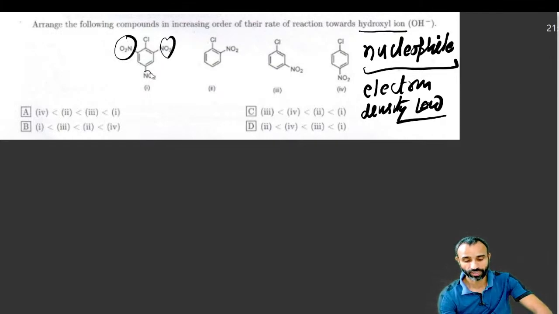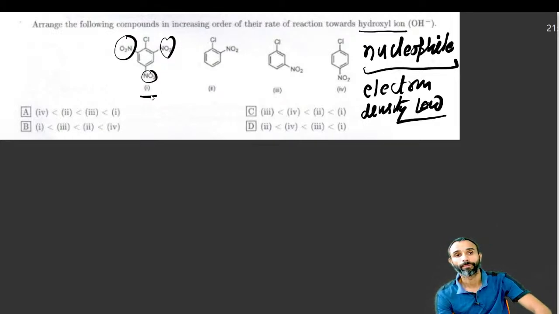So electron density should be low, and withdrawing groups will decrease the electron density. The first has 3 withdrawing groups, so it is most reactive. So first is most reactive in A, C, D. So we reject this.